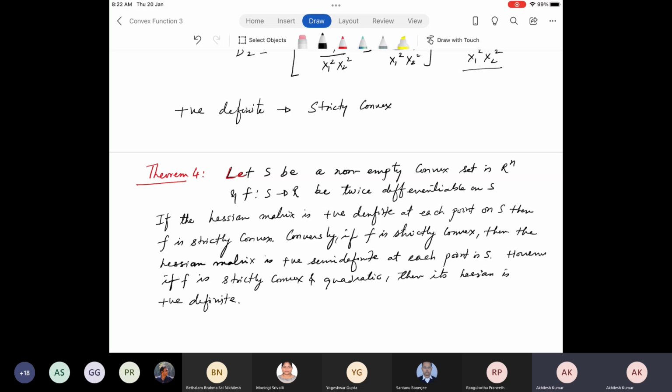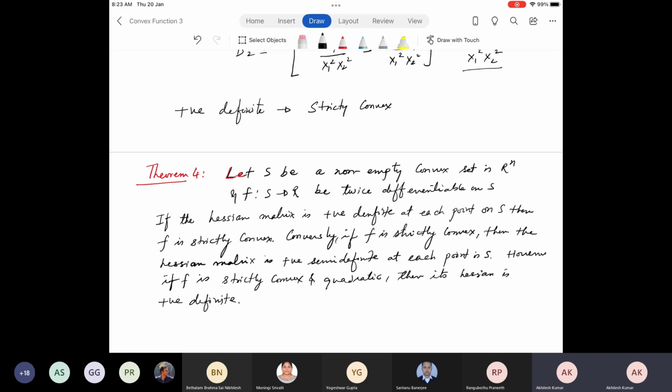So what it says is that if a function on a non-empty convex set is twice differentiable, and if you find the Hessian matrix to be positive definite at each point on S, then F is strictly convex. I'm not talking about positive semi-definiteness, but positive definiteness.